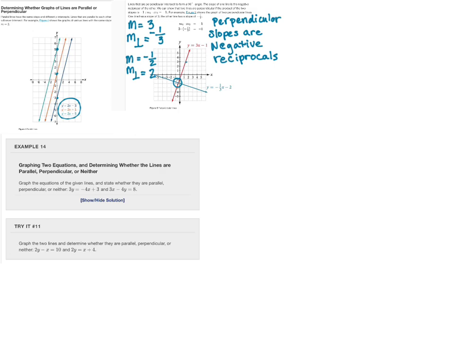So we're going to just look at the equations and we're going to be able to tell, are they parallel or perpendicular or neither? So write these two equations down right now. We've got 3y equals -4x plus 3. And then we've got 3x minus 4y equals 8.